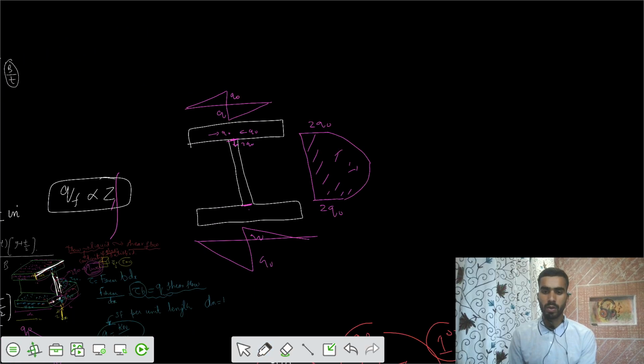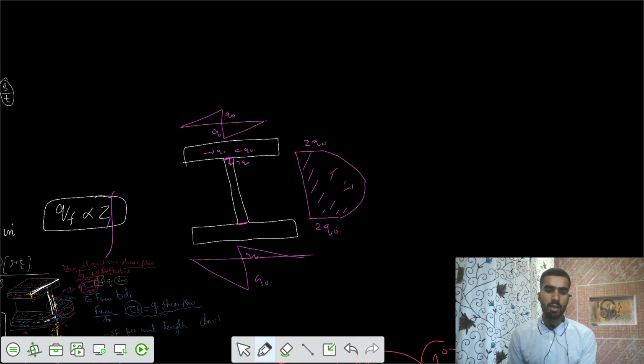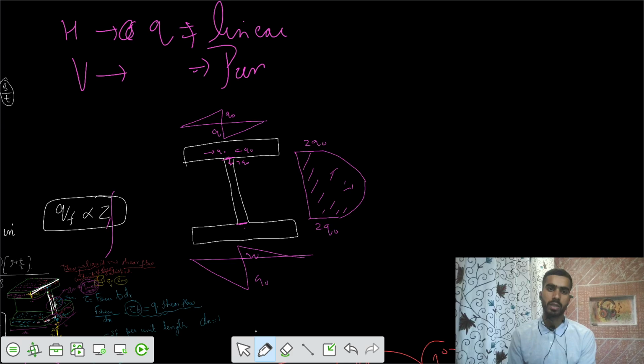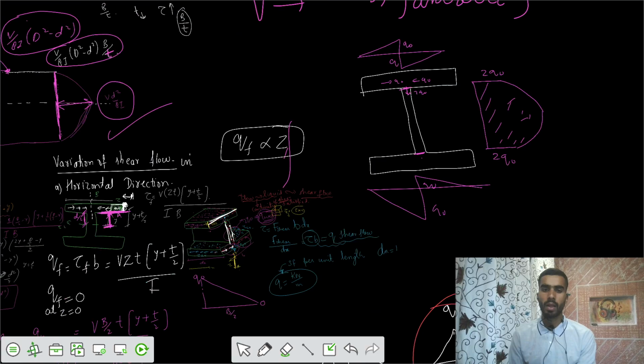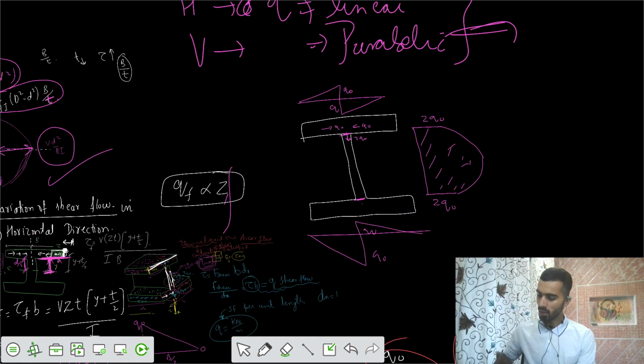Your final conclusion is that the horizontal shear flow has a linear variation, and the vertical shear flow has a quadratic, parabolic variation. This is the crux of this derivation.